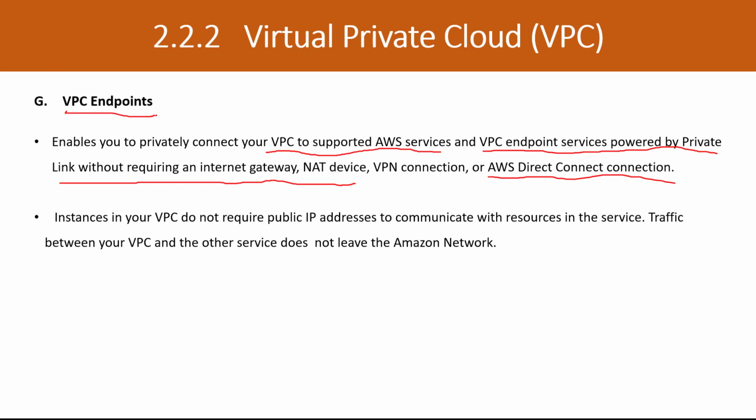A VPC endpoint provides you a way to access AWS services without internet, NAT, or VPN connections. Your VPC does not require a public IP address to communicate with resources in services. Traffic between your VPC and other services does not leave the Amazon network. Keep in mind that there is no internet connectivity here, so it does not leave the AWS network. It will be routed through the VPC endpoint to access the AWS services.